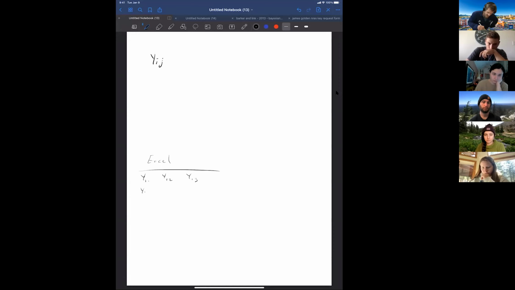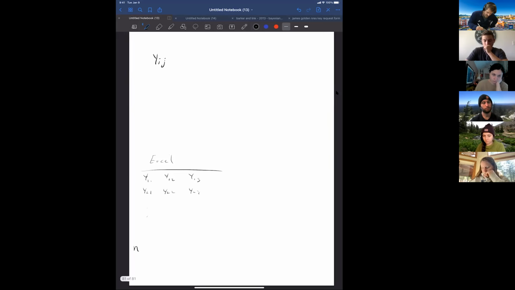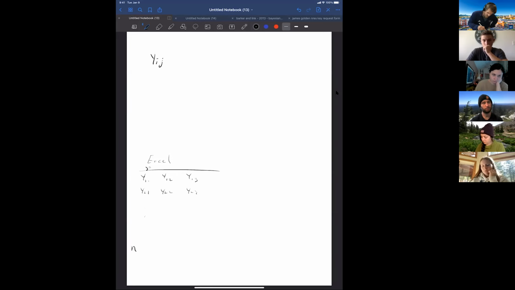And then we have Y for site 2 and our first visit, Y for site 2 and our second visit, and Y for site 2 and our third visit, and so on for however many sites we have. So on the top, we have j equals 1, j equals 2, j equals 3, and then i equals 1, i equals 2, i equals N.